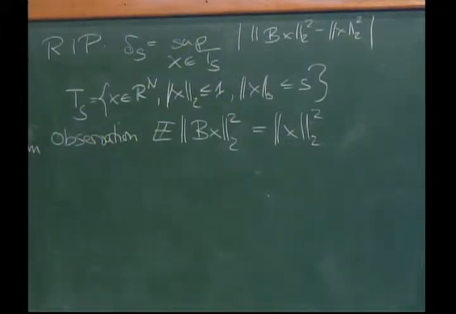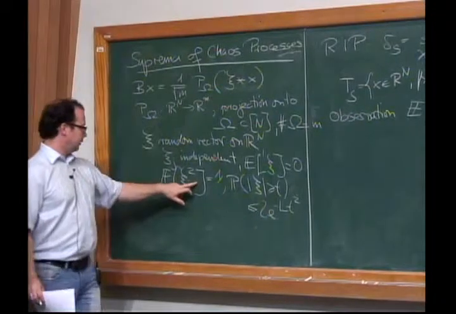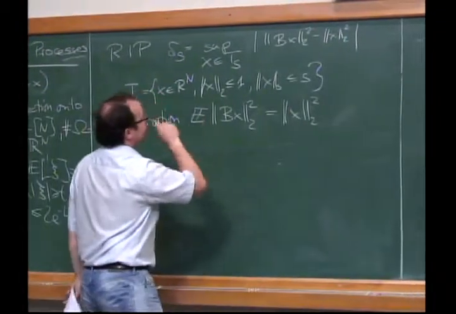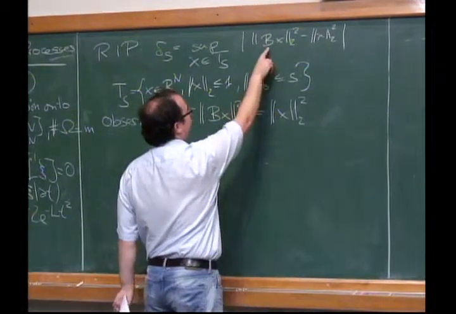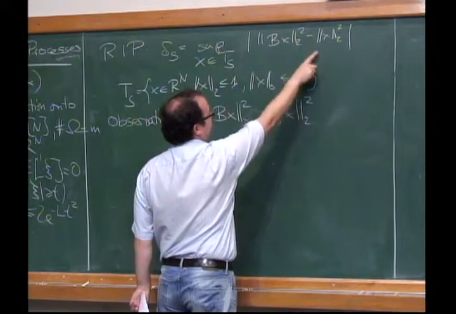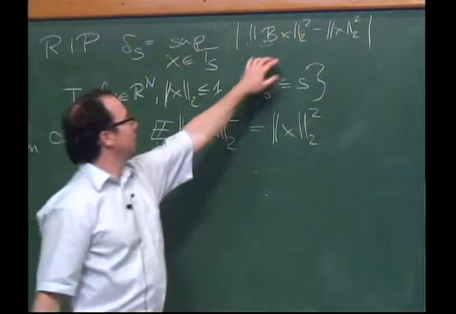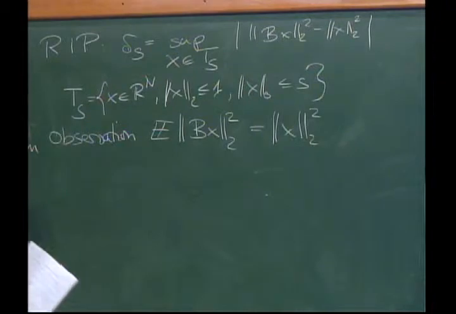OK, that's a little computation, but I don't do the details here. So this is why we need this normalization here and the variance to be 1. So essentially we have the norm of Bx squared minus its expectation, and we need a uniform bound for the deviation from its mean.